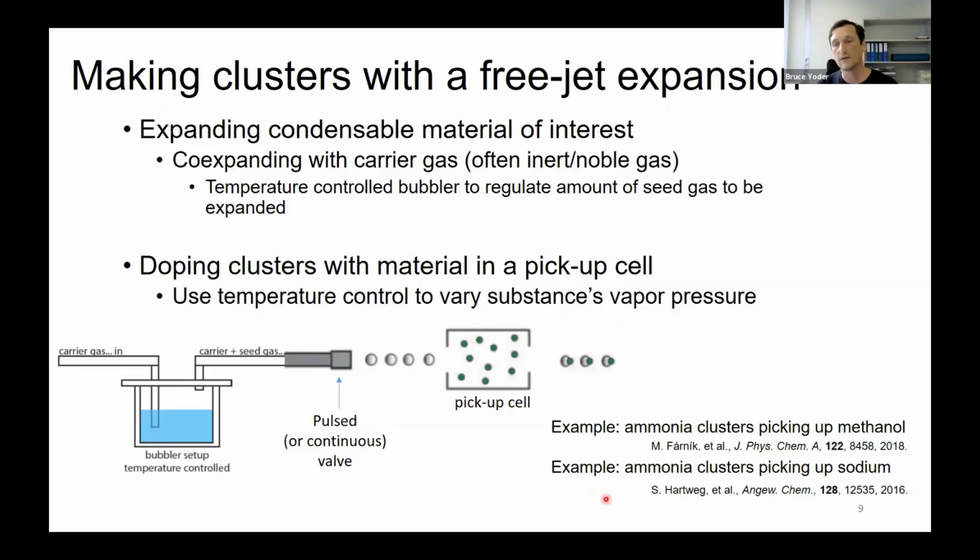You could also consider generating a molecular beam with a pulsed expansion and passing it through a pickup cell, as shown here. This is far from an exhaustive list, but here's to give you some ideas for possible experiments in your work.